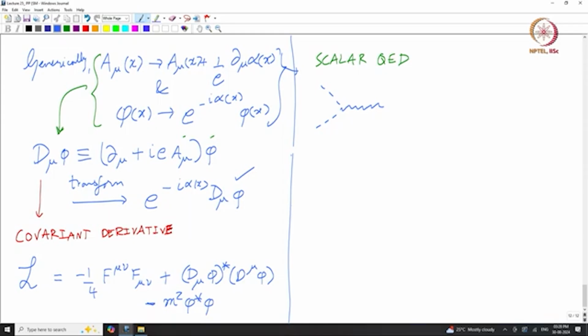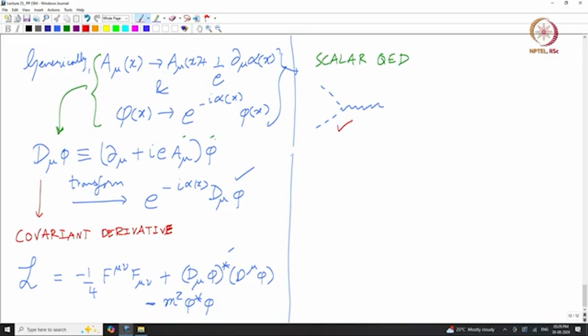Where does the term come from? Take the kinetic term. Okay. So I have one over here, I have one photon and one scalar, but then I hit it with another d mu phi. From there I can pull out another photon, correct. So two phis could hit another derivative, or two phis could hit a photon. So this is totally allowed.